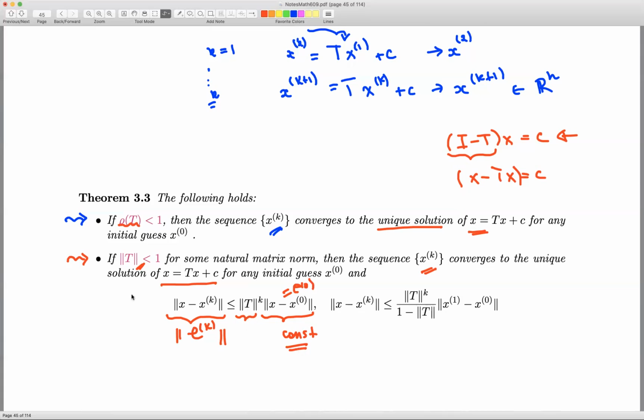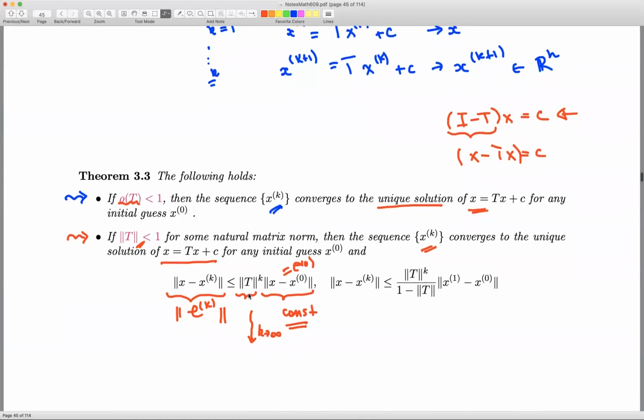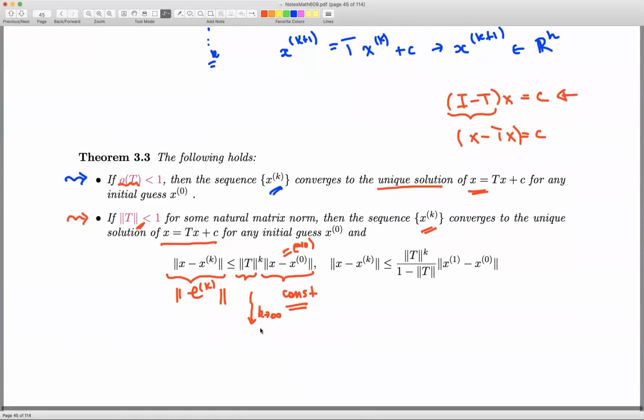Nevertheless, because the norm of T is less than 1, this number here will be a number less than 1 raised to the power k. And so when we let k go to infinity, this constant doesn't change because it does not depend on k, while the number less than 1 to the power k goes to 0.